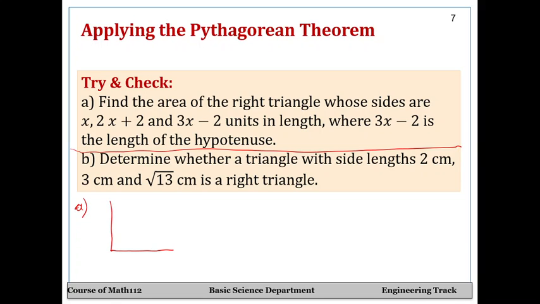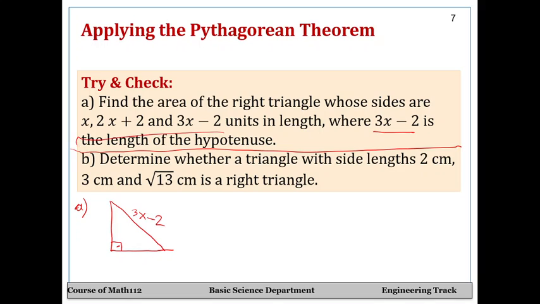So we are given a right triangle, and the biggest side here, the hypotenuse, is 3x minus 2. This is given in the question because, for different x values, any of the sides might be the biggest. So at first hand, we have to know which one is the biggest.